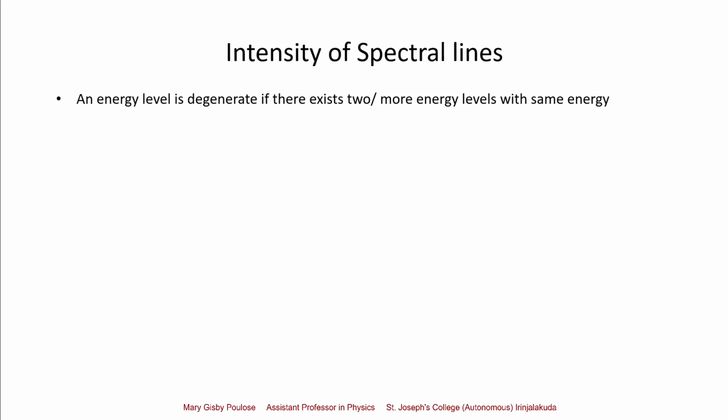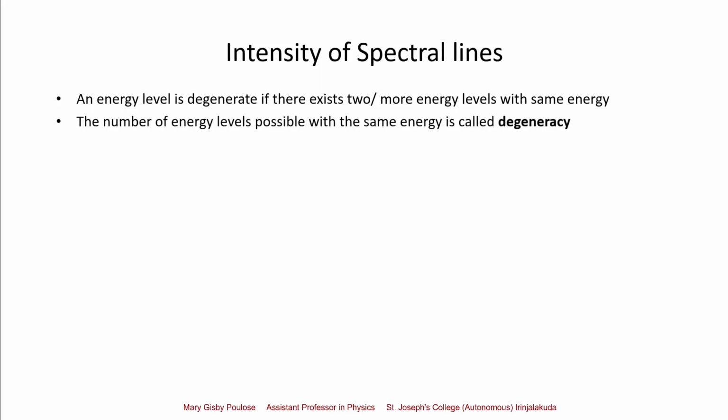So they will be represented only by a single energy level, but in actual reality, they are two different energy levels of the same energies. In these cases, we call them degenerate energy levels.